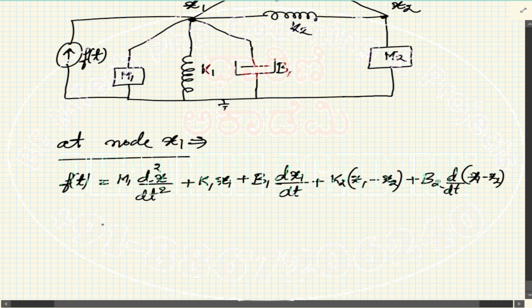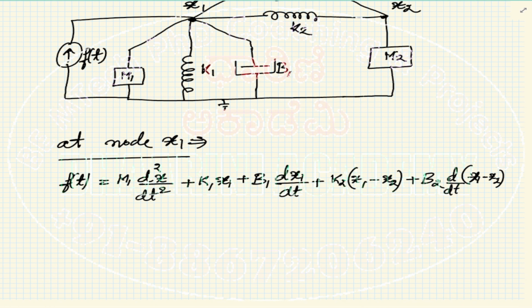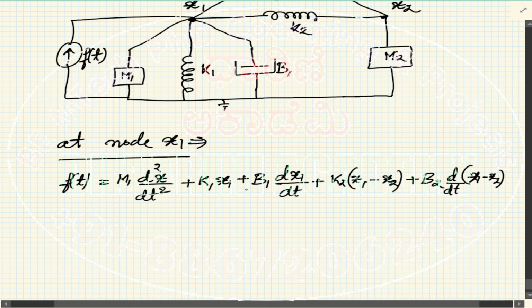So we'll convert this into the required format. The f of t we keep as it is. So f of t is equal to, now what are the changes that I'm going to make? I'm going to make a replacement like this. We will write the velocities now.